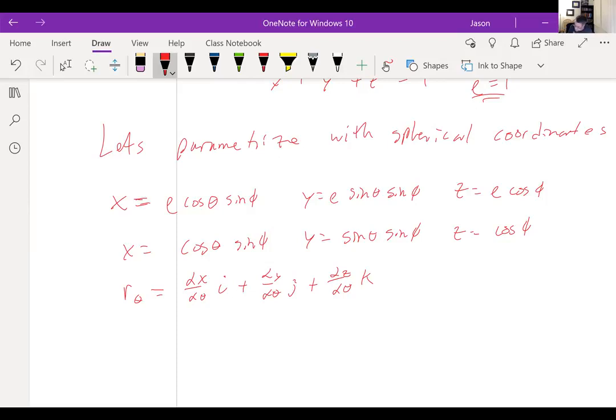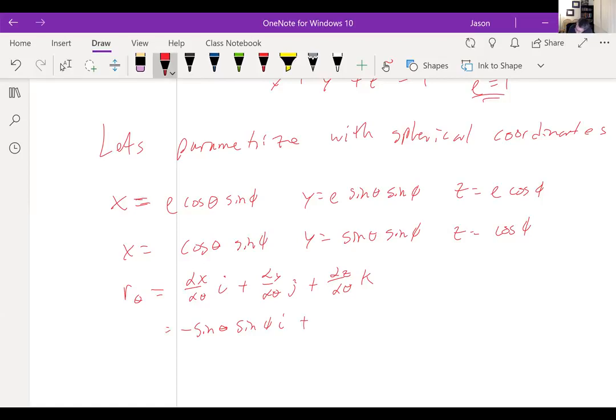What do we have here? Well, dx d theta: the derivative of cosine is negative sine. So this is negative sine theta sine phi i.